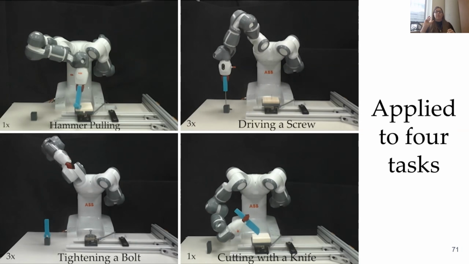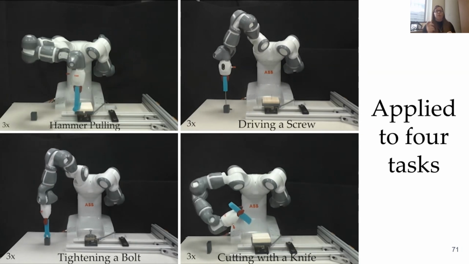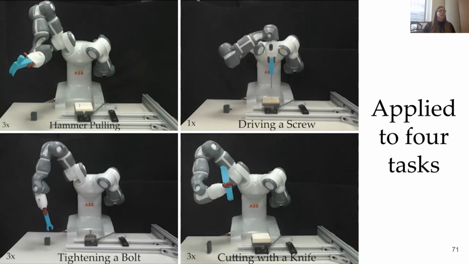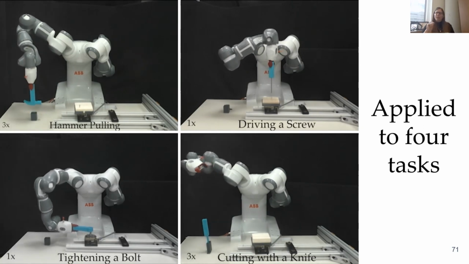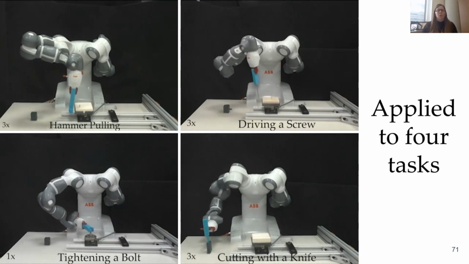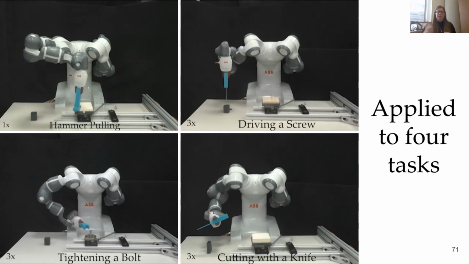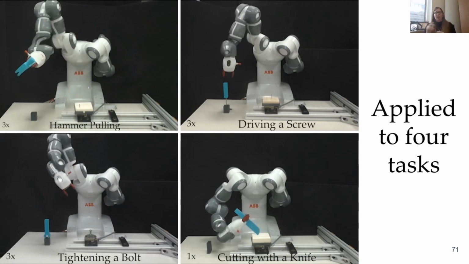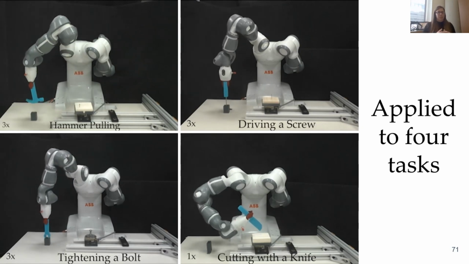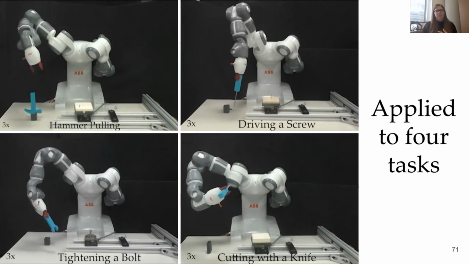If you actually wanted to fully tighten a nut, or fully drive in that screw, you would need to lean into either a closed loop system or this notion of generalized planning, where you're repeating an action over and over again until you finish. In this case, we're only twisting it. Okay.